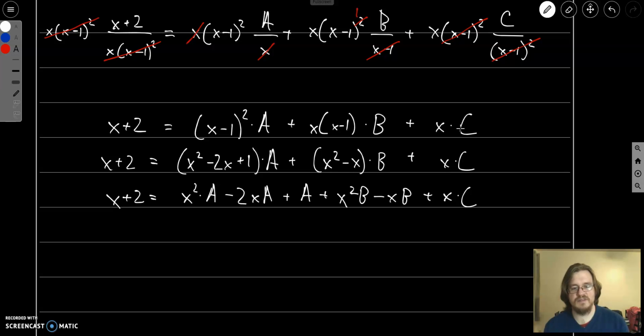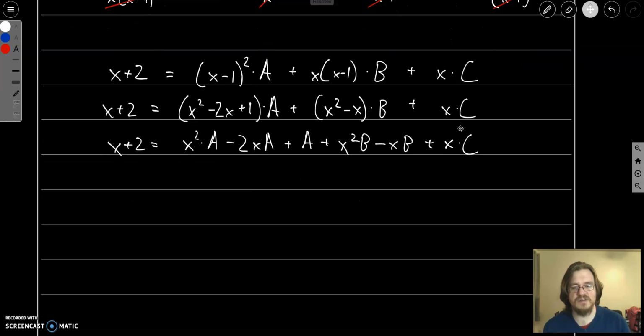So this is as simple as we can get this. And again, the trick is, and maybe I'll start highlighting this in numbers. We have some terms on both sides that have x squareds in them. We have some terms that have x's in them, and we have some constant terms without any x's.